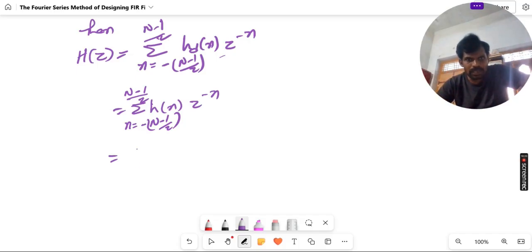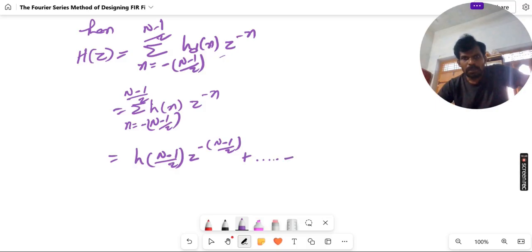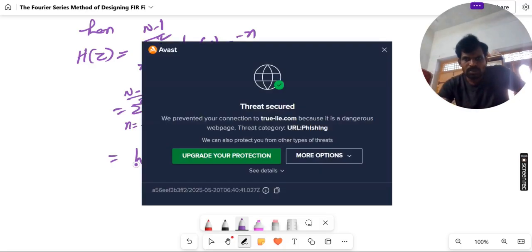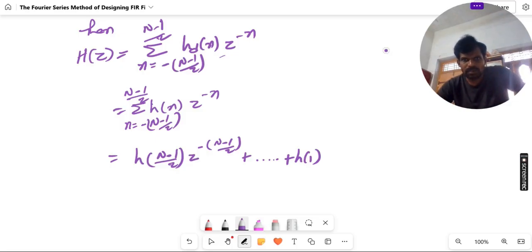We get small h of (N minus 1) by 2 into z to the power of minus (N minus 1) by 2, since we already have the minus, plus and so on, plus h of 1 into z to the power of minus 1, plus h of 0 into z to the power of 0, which is 1.